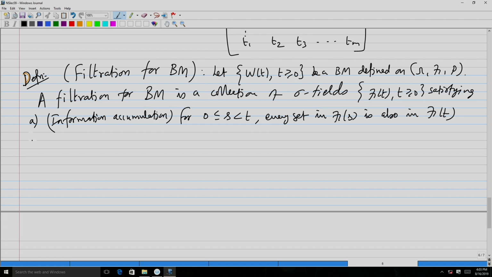Nothing is lost when you move from s to t; information only accumulates.